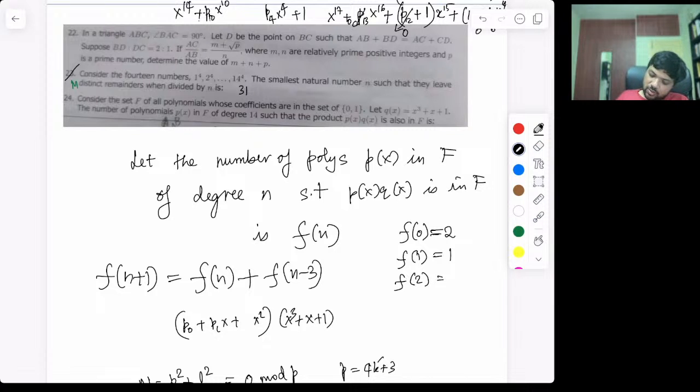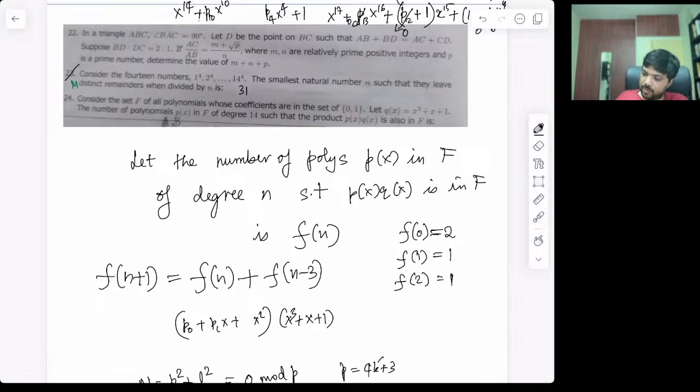And when you do this, you will see that if p0 is 0, how many possibilities are there? Because the coefficient of x square is 1, it already forces p1 and p0 to be 0 actually. So there's only one choice here, x square is the only thing. If you put anything else, you will be in trouble.